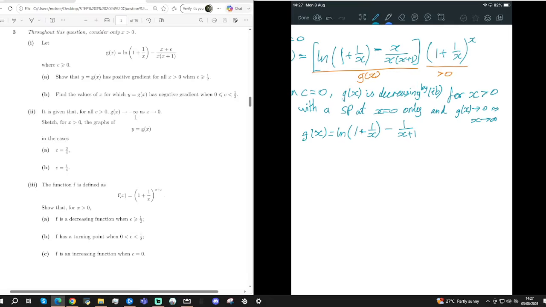I'm also thinking I could do a Maclaurin style expansion on this. However, when x is going to 0, these terms are actually going to infinity, so 1 over that squared, 1 over that cubed cannot just be ignored. I could split this into ln of x plus 1 minus ln x, and then my Maclaurin expansion on this would just work.